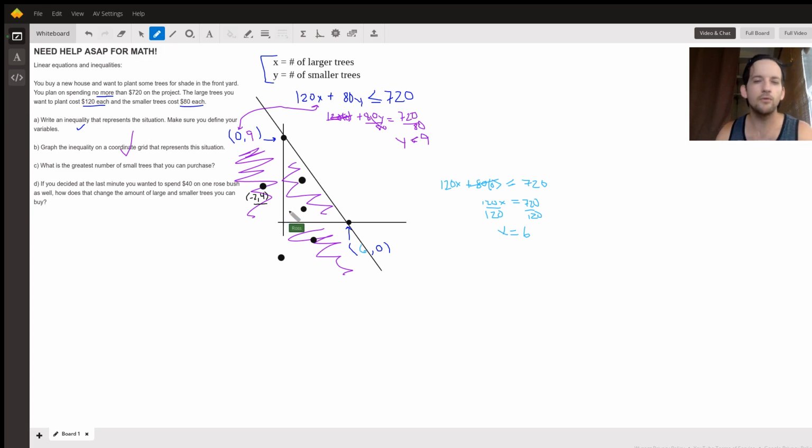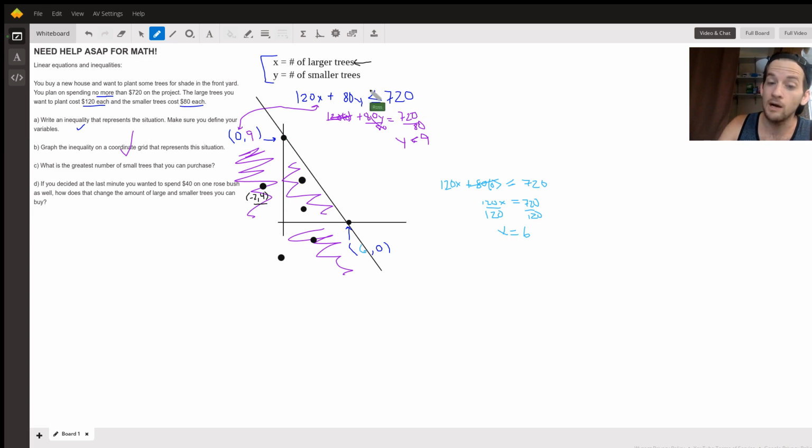But -2, 4 doesn't make any sense really if you think about this problem. Can you think about why? -2, what is our x value? Our x value is a number of larger trees. There's no way to have -2 larger trees. So having a negative number in this problem is nonsense.